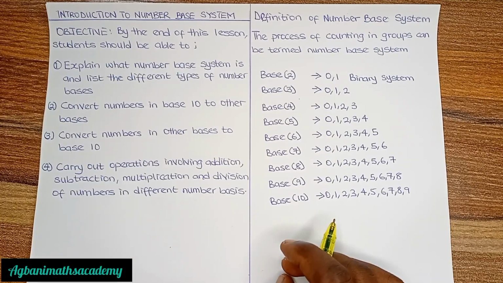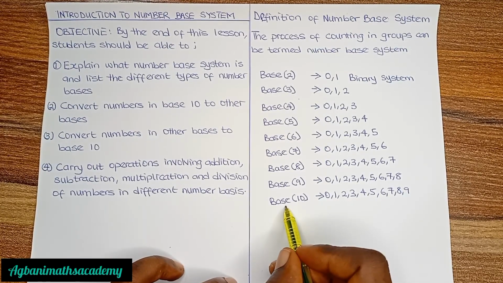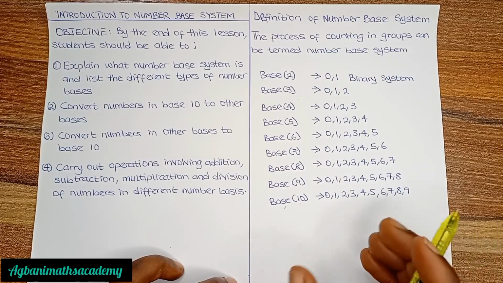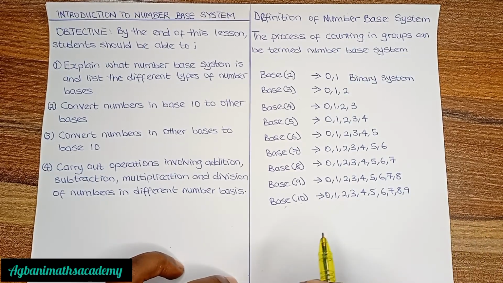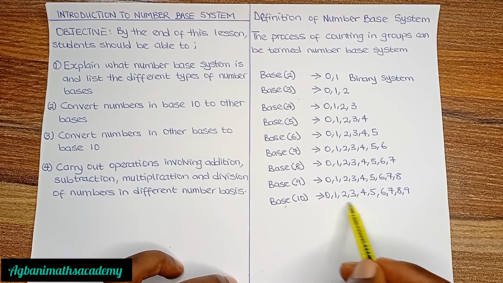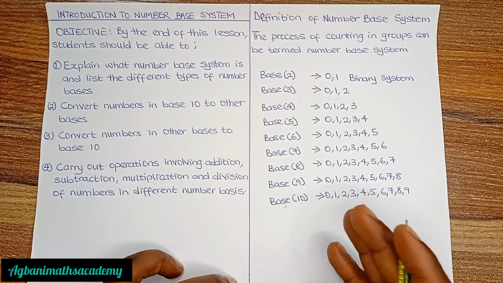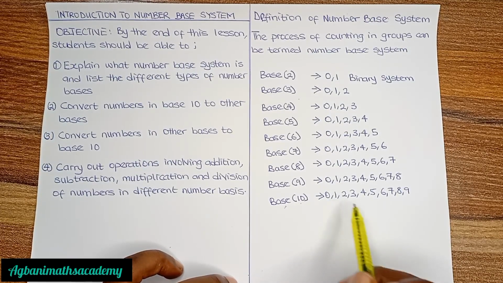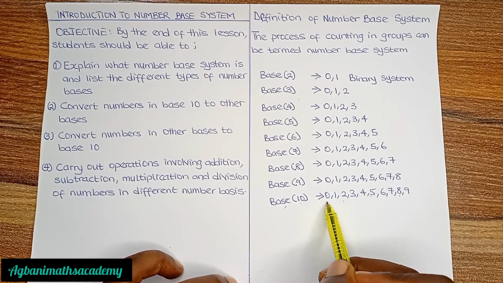So the numbering system we all are used to is the last base, which is base 10. Base 10 contains 10 numbers, 0 to 9. Whenever you want to write any number, it's a combination of these 10 numbers. So if I want to write 258,000, I'm going to look for 2, 5, 8, and zeros.